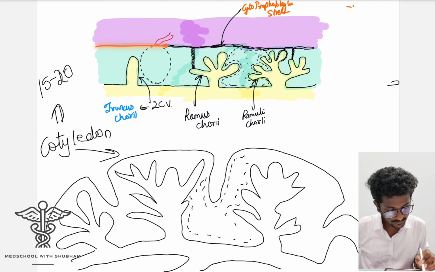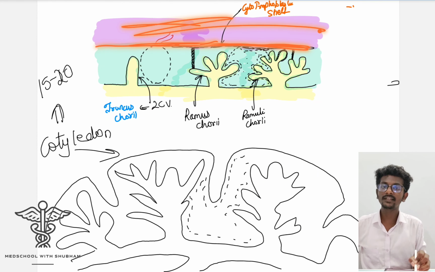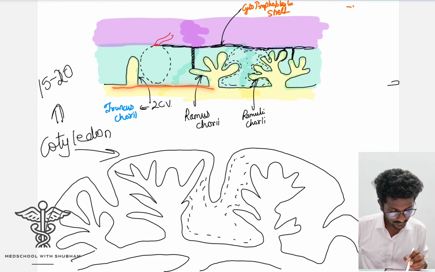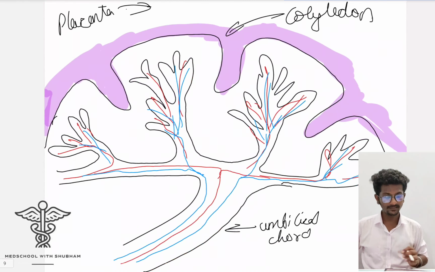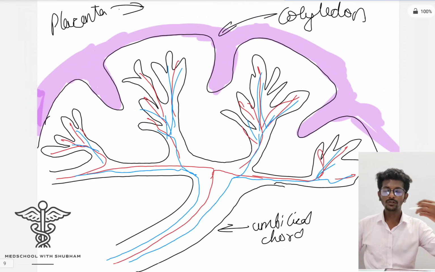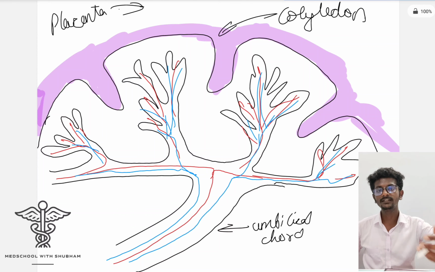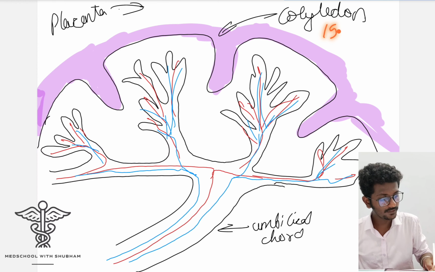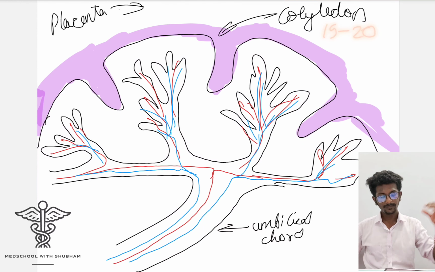So this part is towards the maternal side, therefore it is called the maternal surface, and this part is towards the fetus, therefore it is the fetal surface. And the cotyledons are formed towards the maternal surface, and there are 15 to 20 cotyledons on the maternal surface.